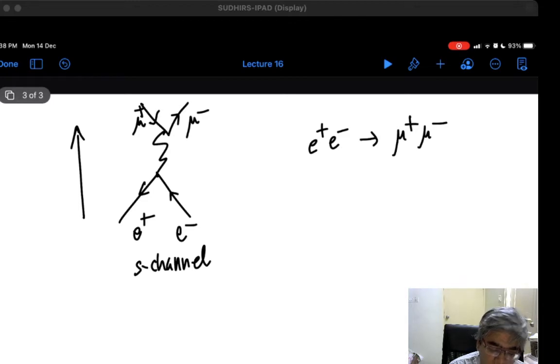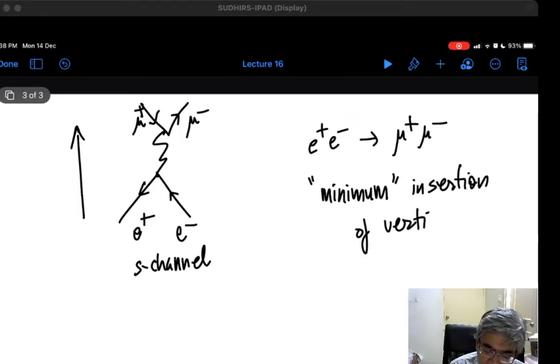What we drew was with the minimum insertion of vertices. We put a vertex here, and this is another vertex. This is the minimum number of vertices we need to get these initial states and final states.